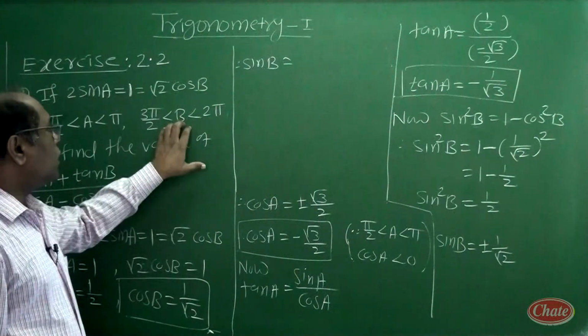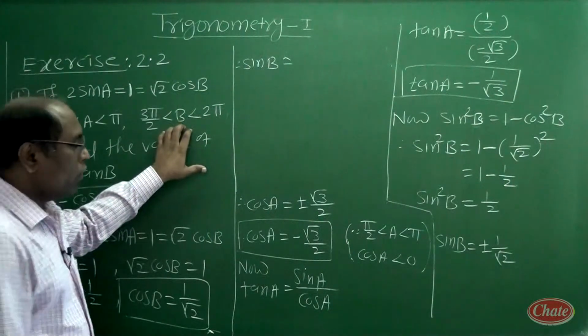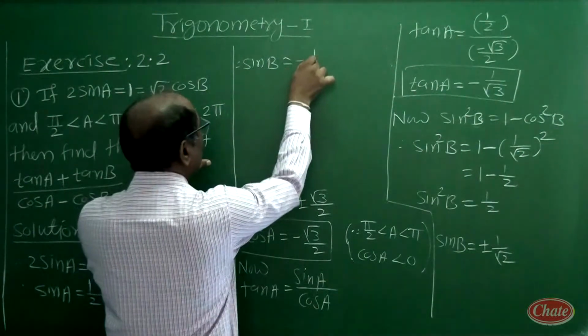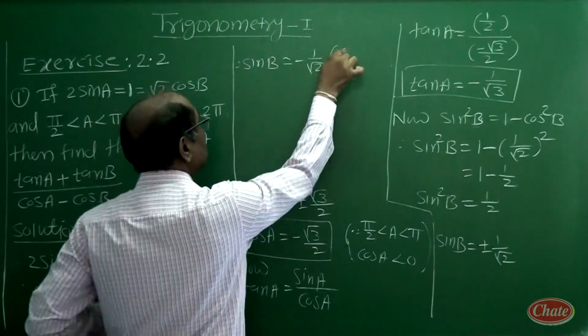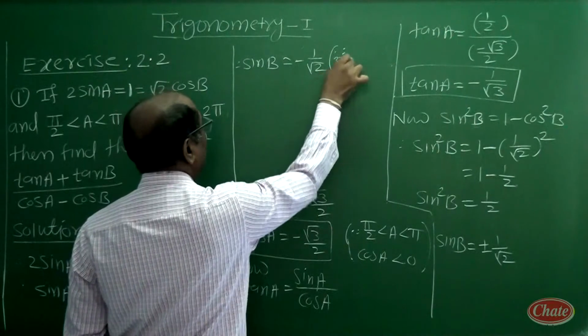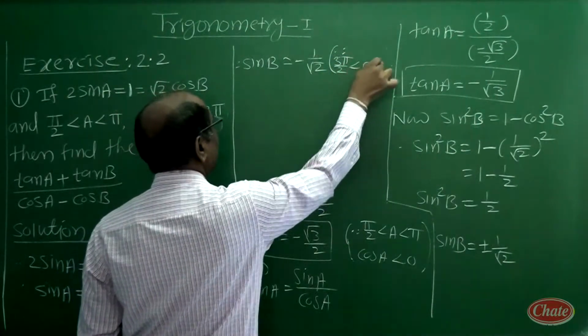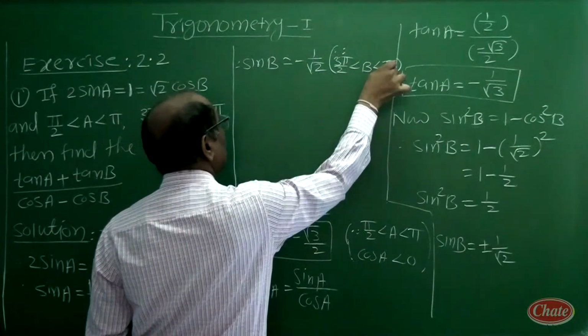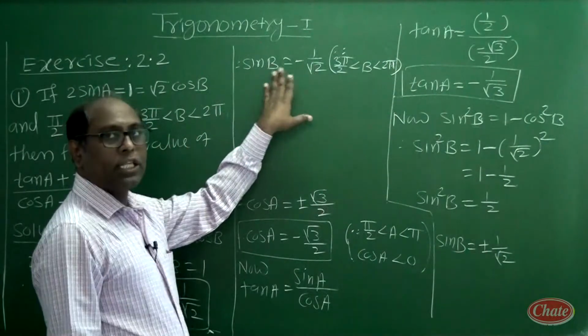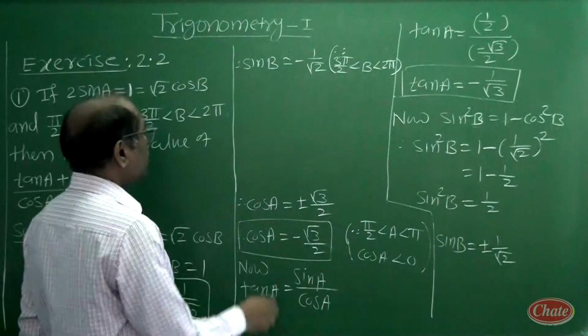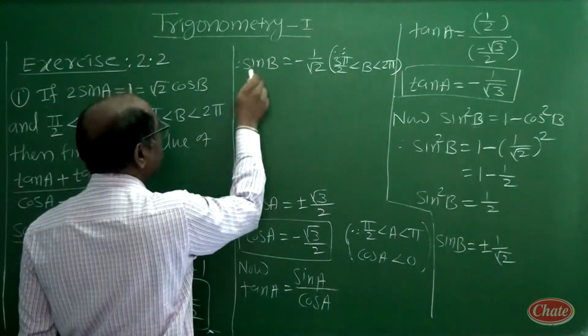In the fourth quadrant sin is negative. So here we get minus 1 upon root 2. Since 3 pi upon 2 less than B less than 2 pi, means in the fourth quadrant sin is negative. And so it is the value of sin B.